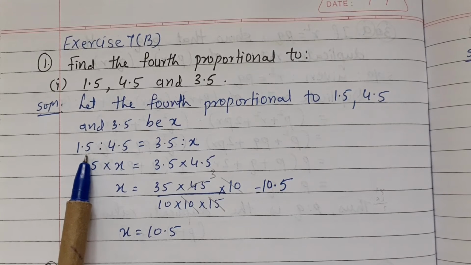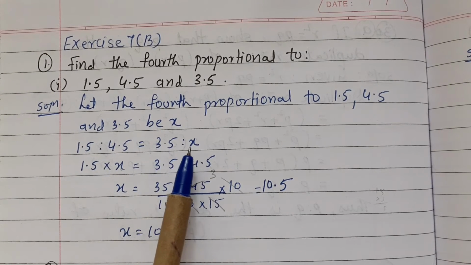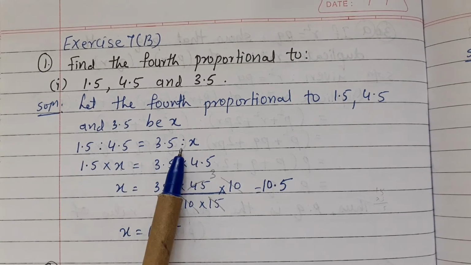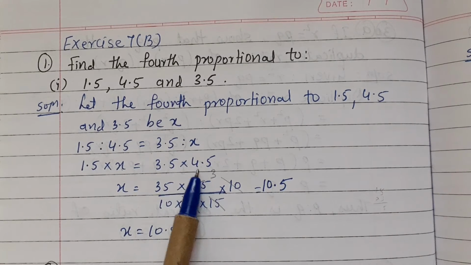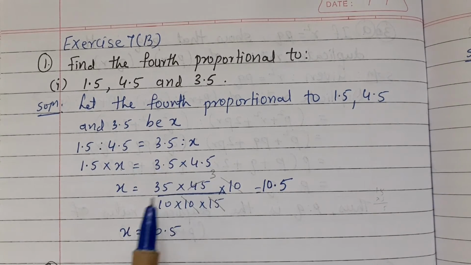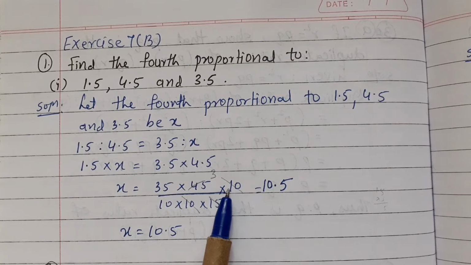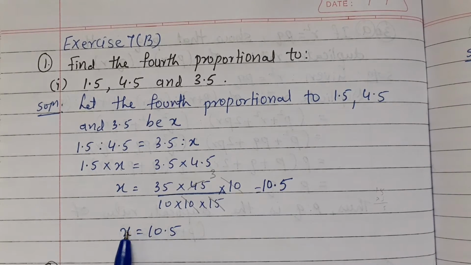Therefore, 1.5 is to 4.5 equal to 3.5 is to x. 1.5 into x equal to 3.5 into 4.5. Divide by 1.5, x equal to 35 into 45 upon 10 into 10 into 15 into 10. Do the cancellation, equal to 10.5. x equal to 10.5.